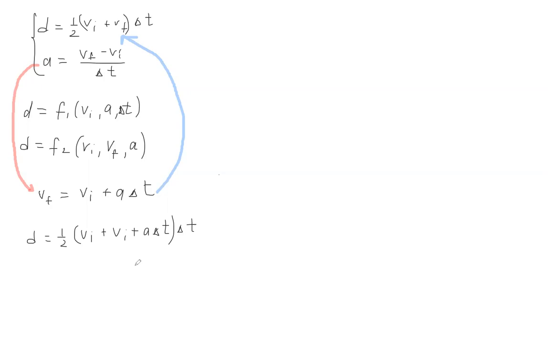So all of you know the distributive property. I don't have to teach you this. If you distribute this, you will end up with d equals v initial delta t plus 1/2 a delta t squared. I'm done. But if you don't see how we get there, that's when your homework exercise will be useful.